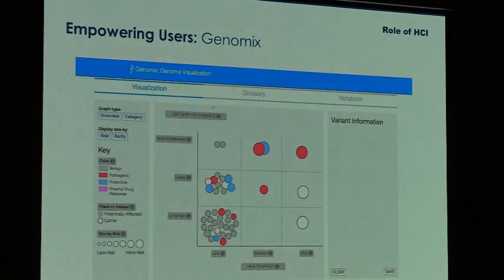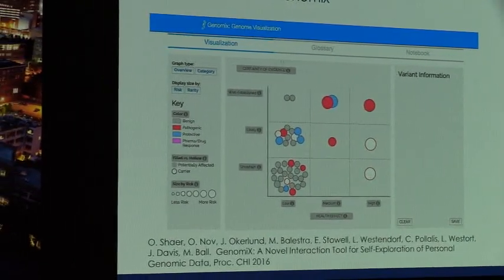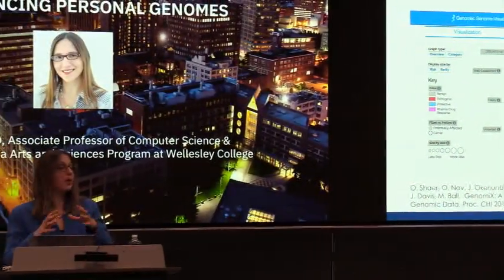This was meant for individual users, and I wish we could say that the number of individual users that we studied would amount to big data, but it wasn't, because these were users that shared their personal genomic data online, already a limiting factor, and responded and engaged with our study. So we had, if I remember correctly, about 71 participants, which is a good number for this particular population, but far from what I would call big data. So we did use statistics to quantify their understanding and their perceptions, but not across a population.